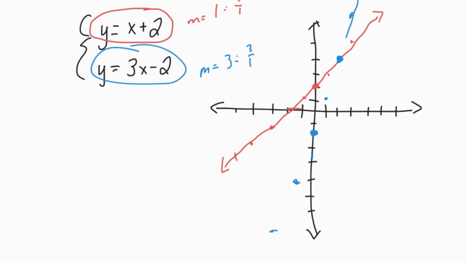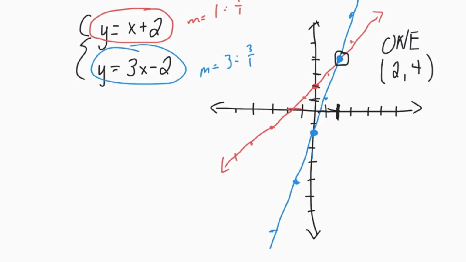But what ends up happening is this blue line intersects my red line right here. So this is one solution, and we need to write it as the point that it is. It goes through 2, because it's 1, 2, and then up 1, 2, 3, 4. So the one solution where they cross is at 2, 4.